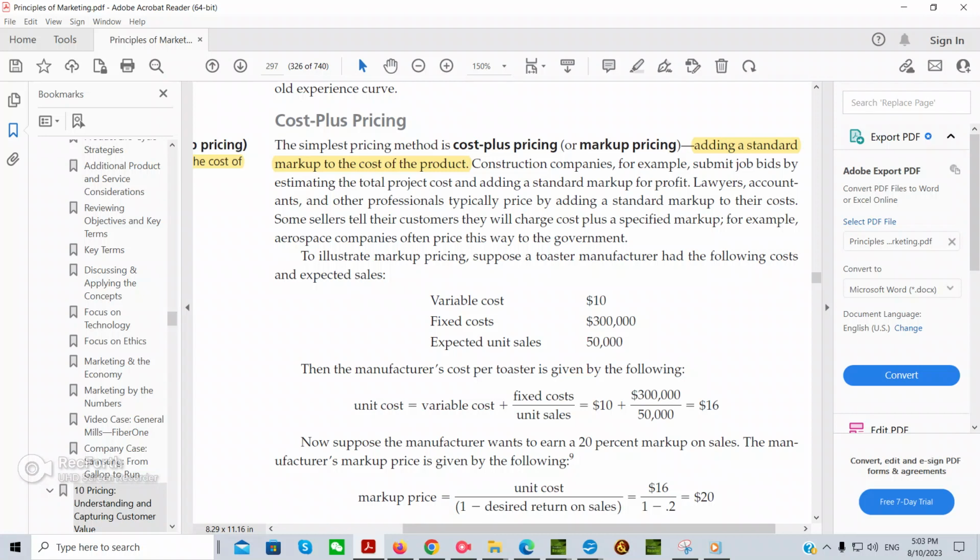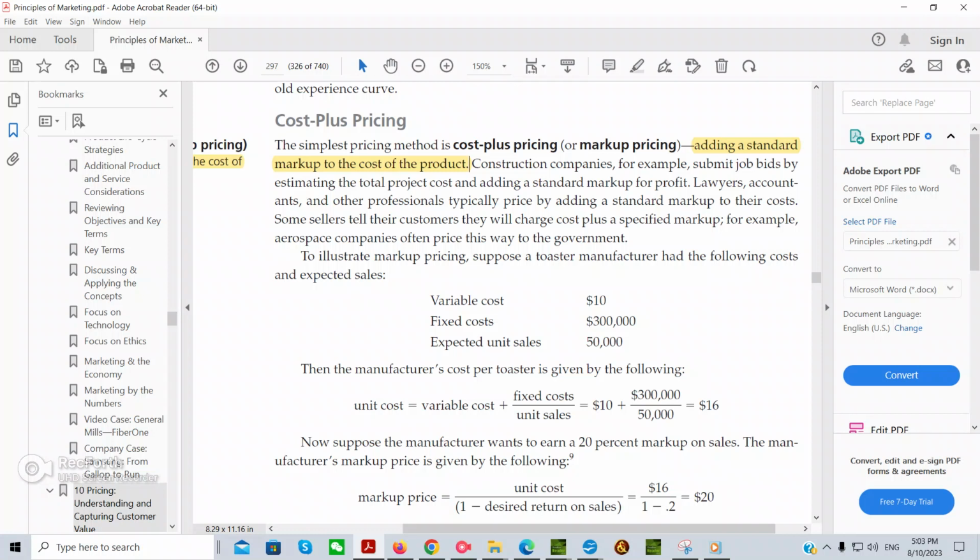Now, here's some accounting ideas, okay, market pricing. So we have a variable cost plus our fixed costs. Add those together, right? Then we have the expected units, and then we have our revenue.